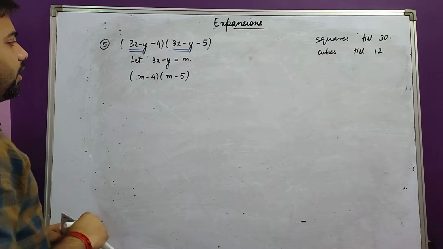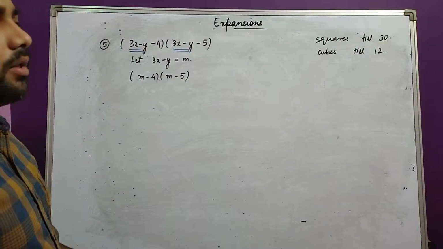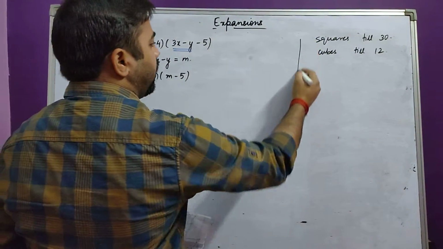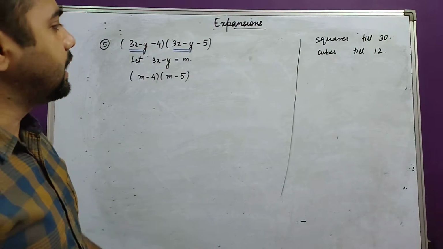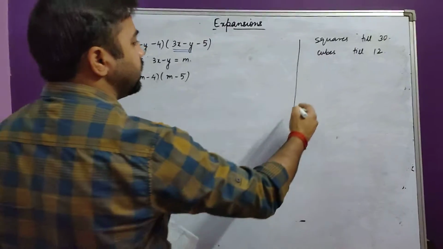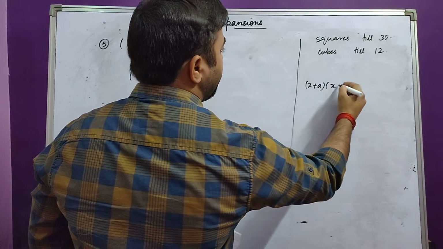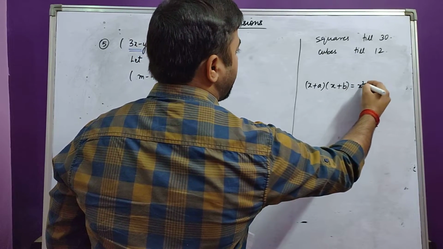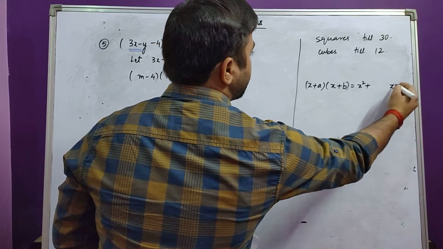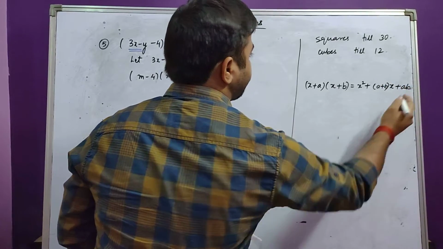Now what we can do over here, we can use one formula. At the end I told one formula that was written on the board before I started the session. It was x plus a, x plus b is equal to x square plus x within the bracket a plus b plus ab.